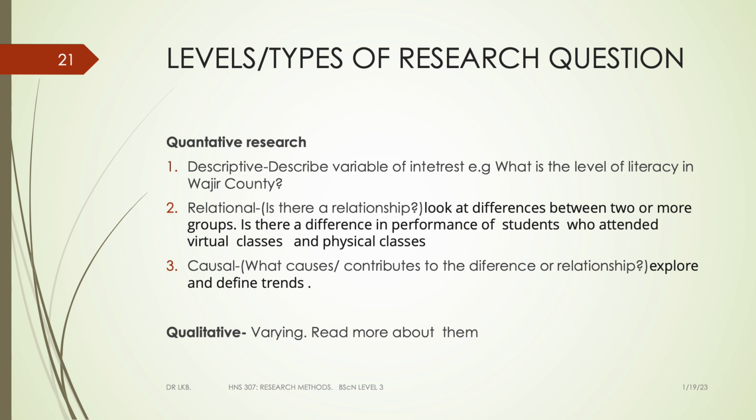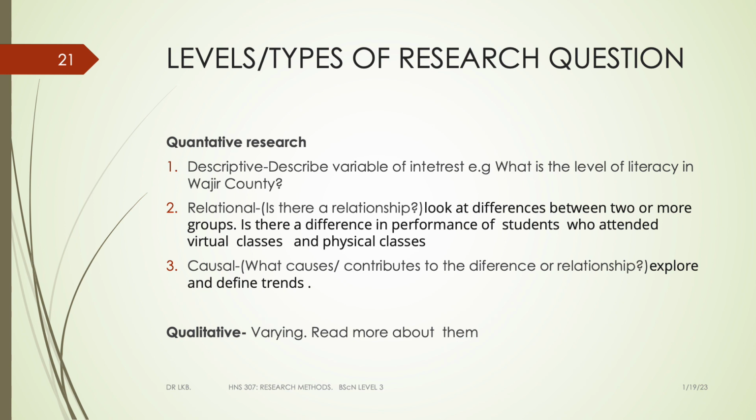Then the third level looks at causal. So what contributes to the difference in the relationship? If I found that there's a difference in performance between the students who came for the recorded lectures and those who attended the physical lecture, then I would be more interested in, so what is causing this?